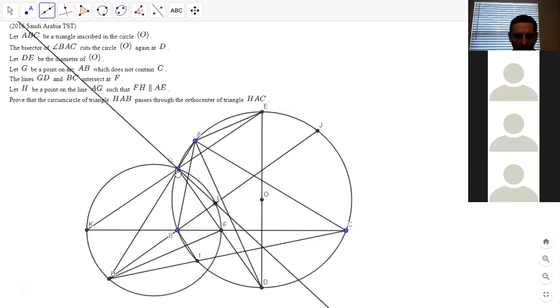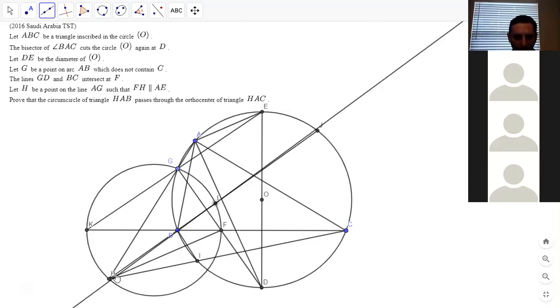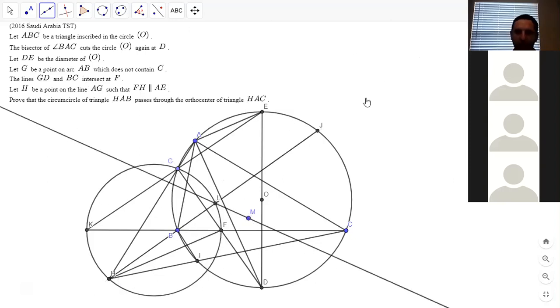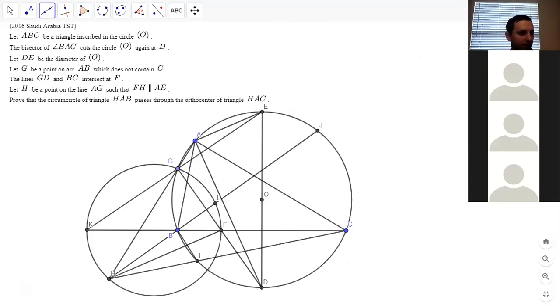Can we say anything about point L? I'm not sure if there's really anything special about point L. Yeah, the key is to calculate angle ABH. It's just finding the best way to do that.